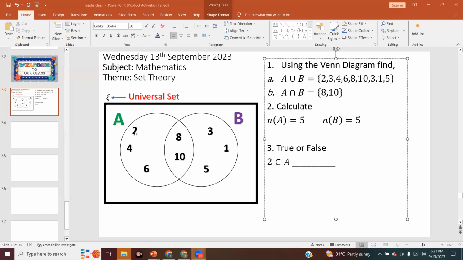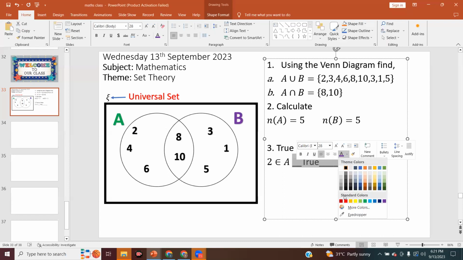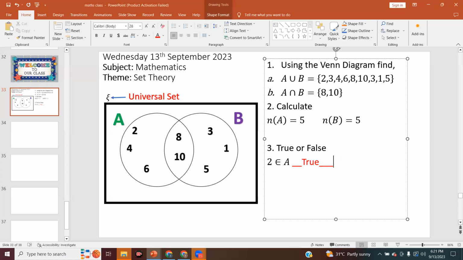It's an element because it's right inside the circle that has A in it. So the answer is true. If you put true, then you got that right. Anyone got that right? Yes, sir.